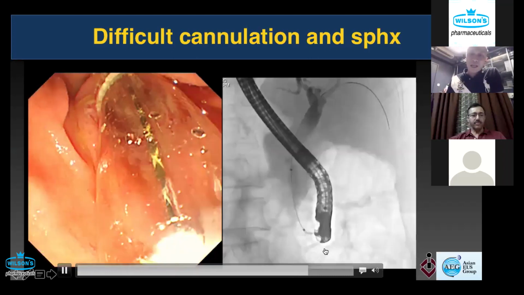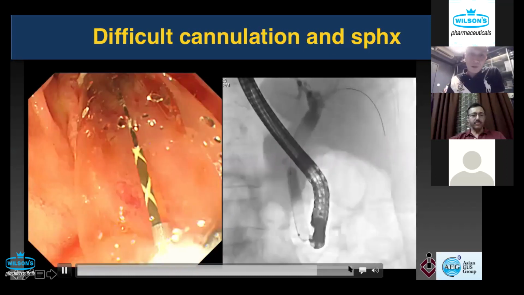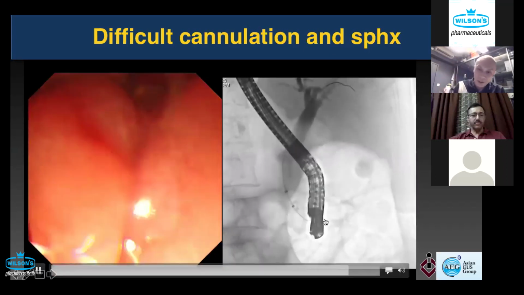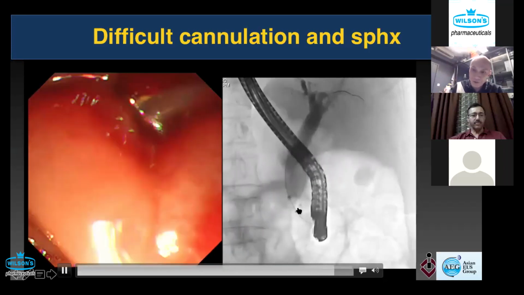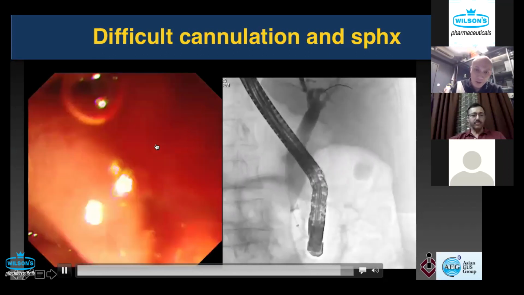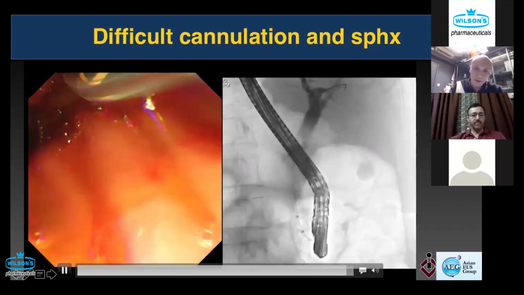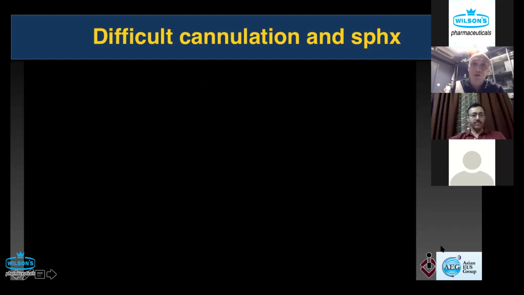I kept it dilated a little bit longer than 1 minute, and then changed to a basket. You can see a small stone right there, and I try to drag it out. So the whole procedure wasn't particularly long. It was around 20 to 30 minutes, but the patient complained of severe pain after the procedure.